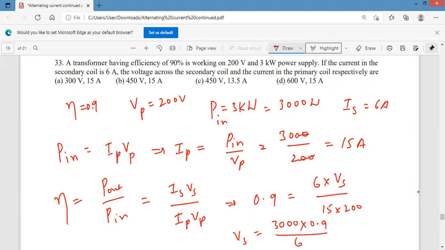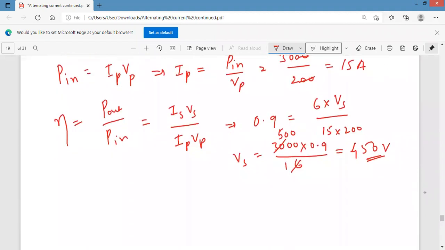Divided by 6, so 6 ones are 6, 6 fives are 30, that is 500. 500 into 0.9, 50 into 9, 50 into 9 is 450 volt. 450 volt. Option B is the correct answer for 33.